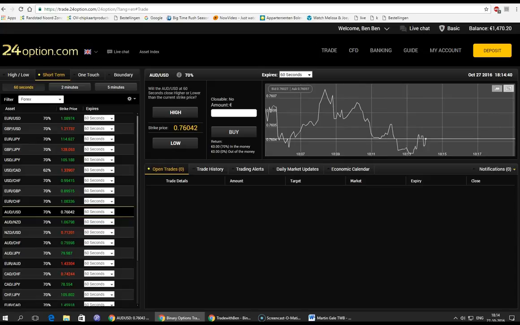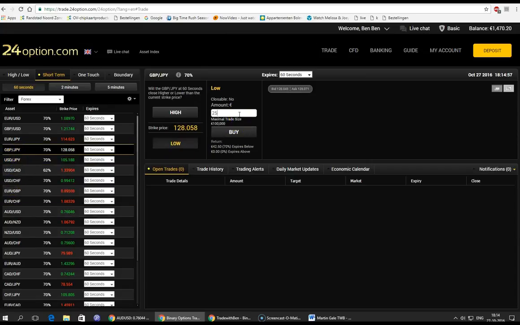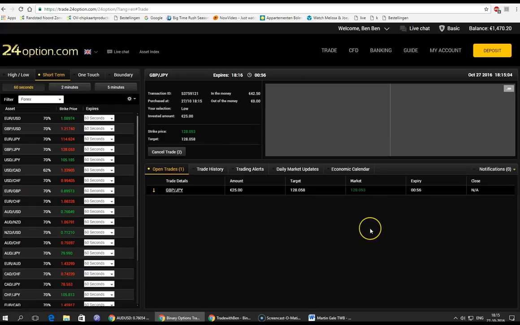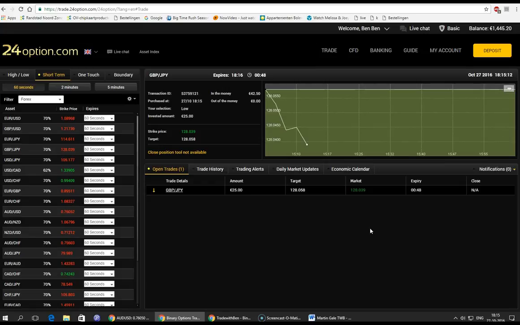So the GBP and Japanese yen broke the current resistance line. And I think for now that we can place a trade low. Let's see what's going to happen, because it broke the resistance, and I'm quite sure that it's going to go down a bit before it goes up more.